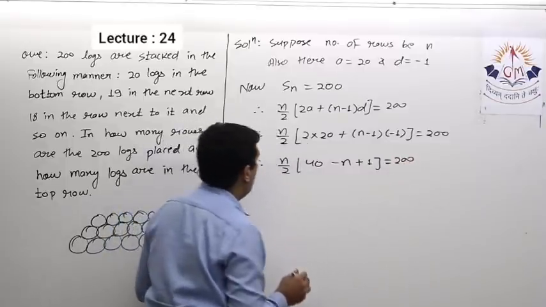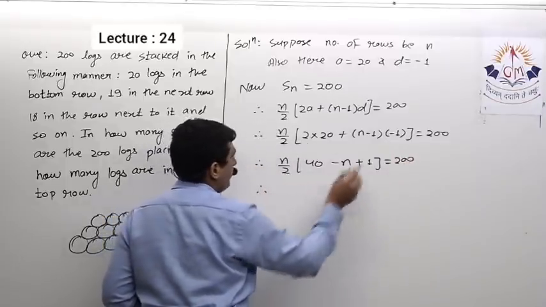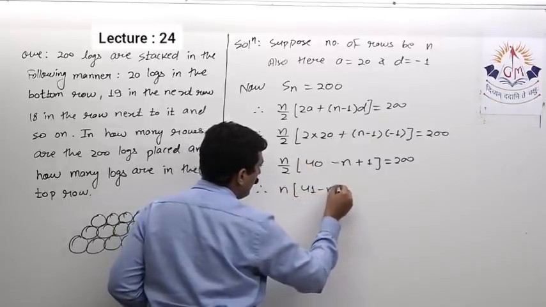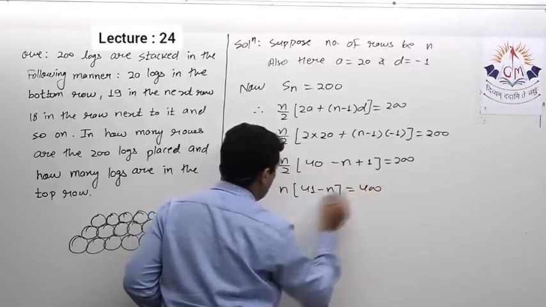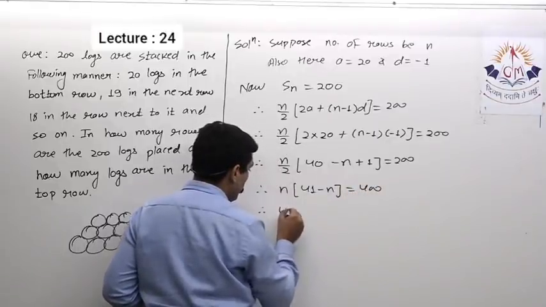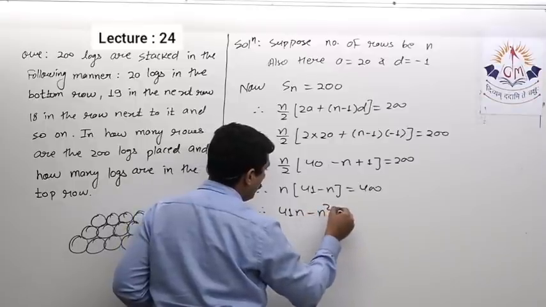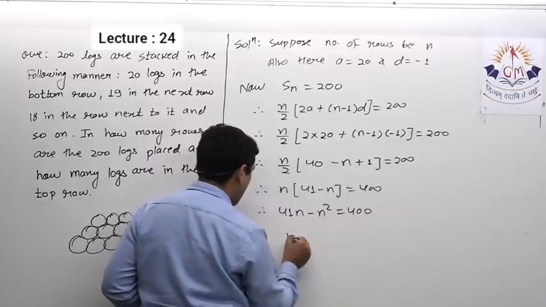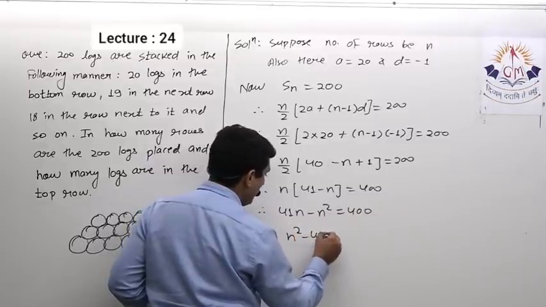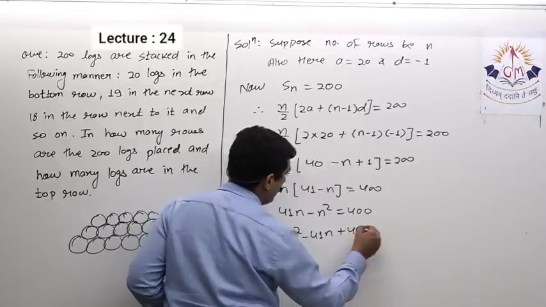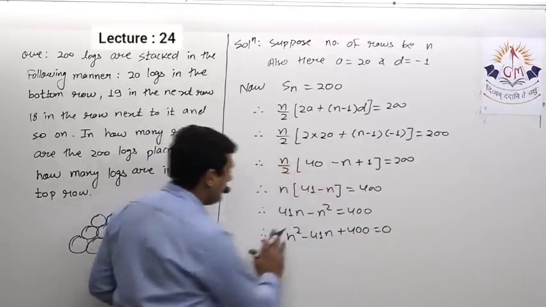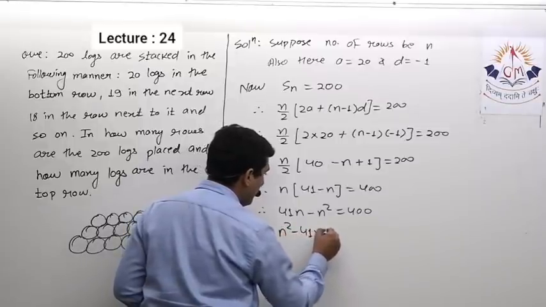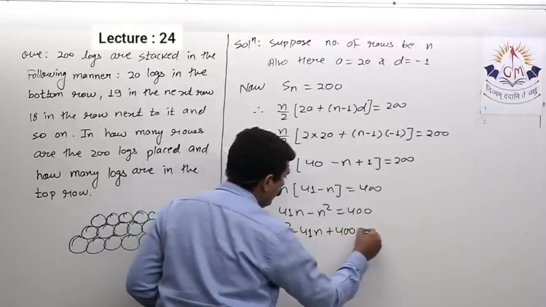Now this 2 can be taken on that side, so n into 41 minus n is equal to 400. So ultimately here I will get 41n minus n square is equal to 400, or I can say n square minus 41n plus 400 is equal to 0. So here I got a quadratic equation, n square minus 41n plus 400 is equal to 0.